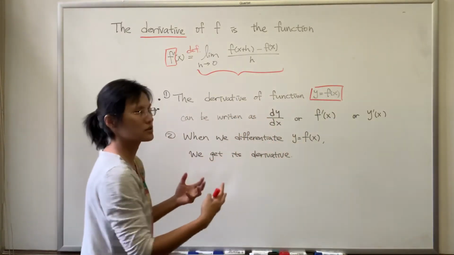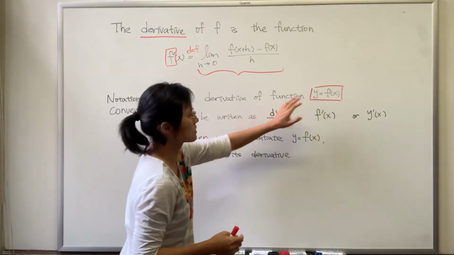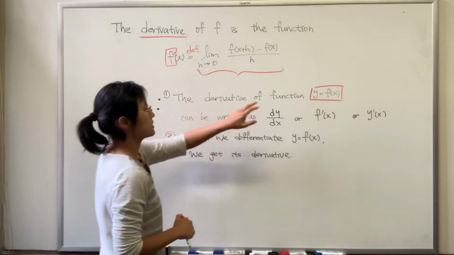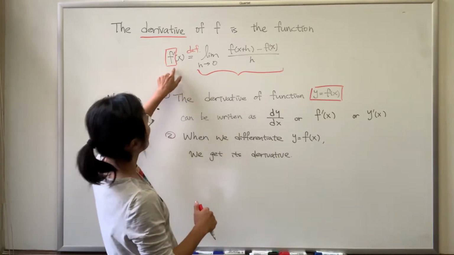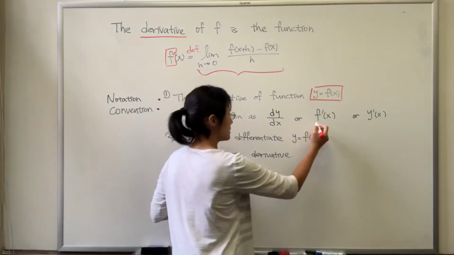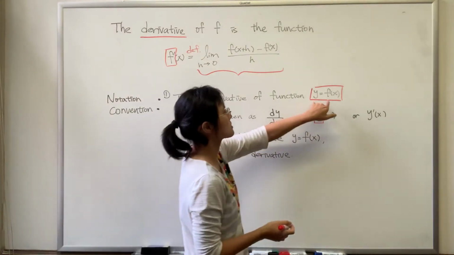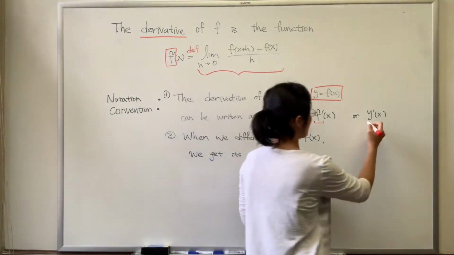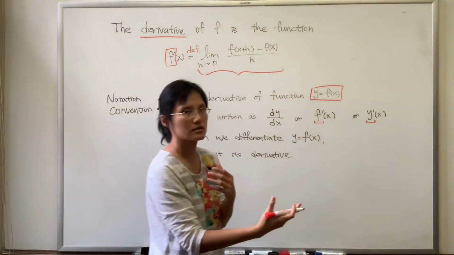That's like general setting. We have all seen a format like this here and there before, right? So the derivative of this function can be written as, like I have up here, f prime of x. And because f and y are basically the same, if I want to, I can also say this is called y prime of x.